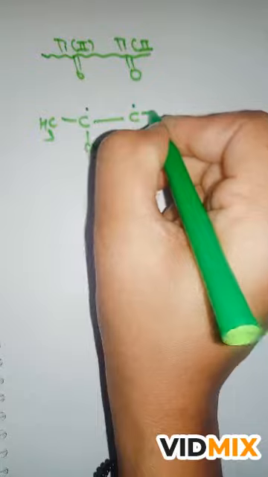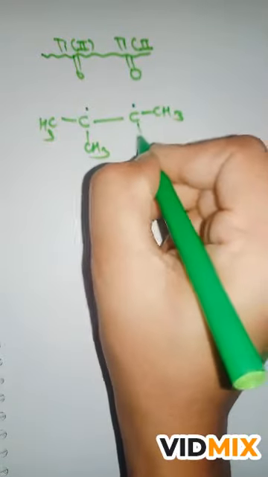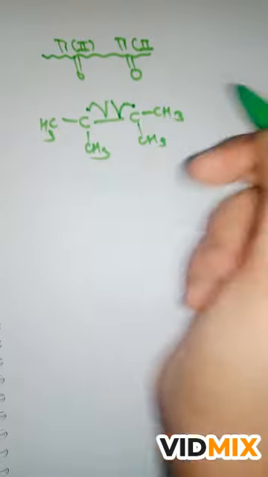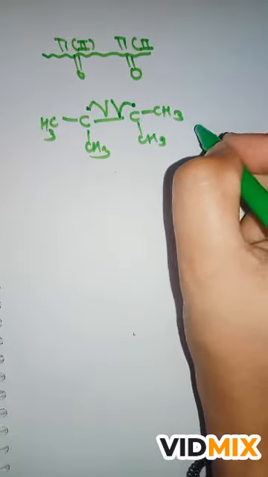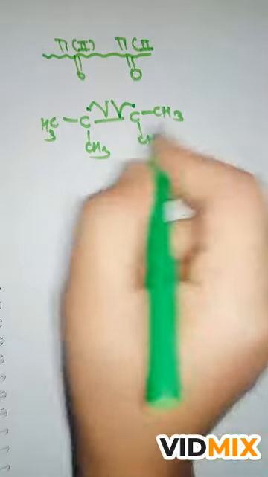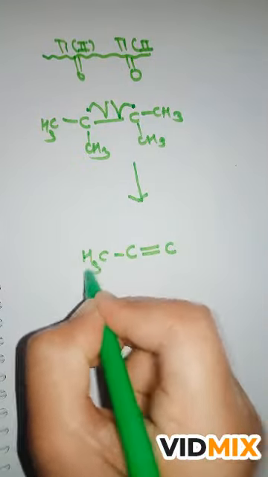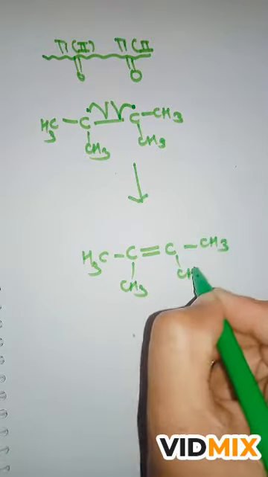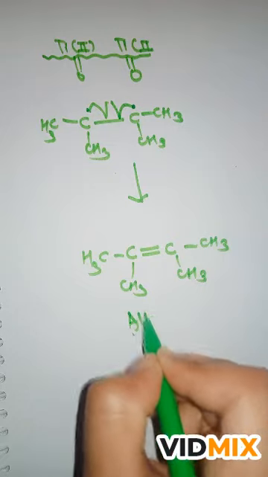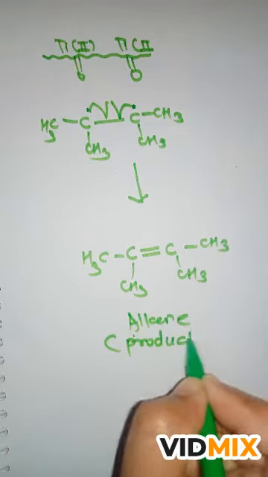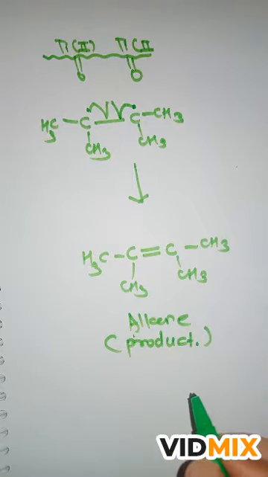Already here is a radical, and this forms 2 radicals, a double bond, and we get our product, that is alkene. Here the double bond, this CH3, CH3, CH3, CH3. This is our alkene as a product. This is all about the McMurry coupling reaction.